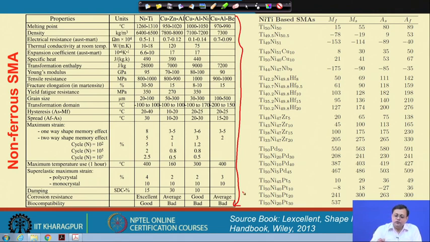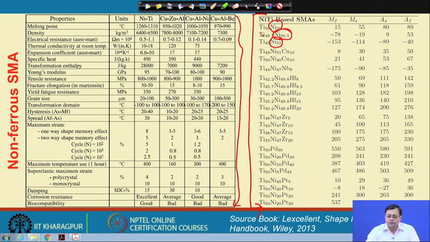Now, for this nickel-titanium system, I have shown many different alloy compositions here. These are nickel-rich alloys, so you can see nickel 50, 50.5 or 51.